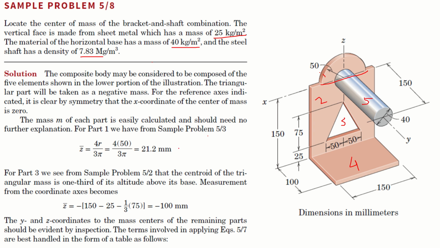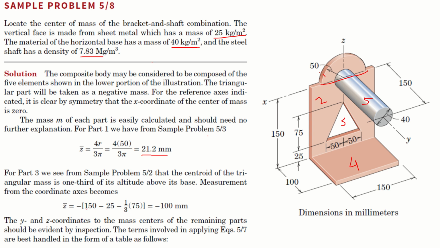Now from here we have found out for this semicircle the centroid exists along the z-axis at a height of 21.2 millimeters. Now for part 3, that is a triangle, you can see the triangular region has to be negative and the overall area has to be subtracted.